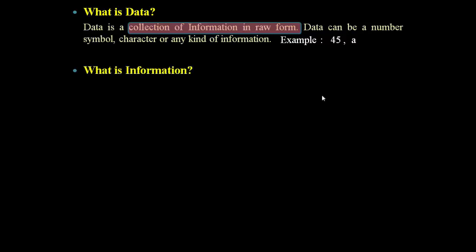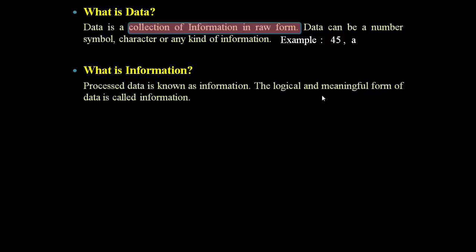Now, what is information? Information is nothing but processed data. Here the data is in raw form. Once we do some process on the data, then it becomes information. In other words, we can say that the logical and meaningful form of data is called information. Just take one example.